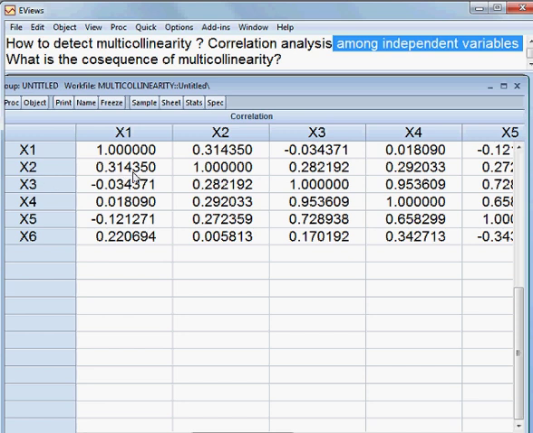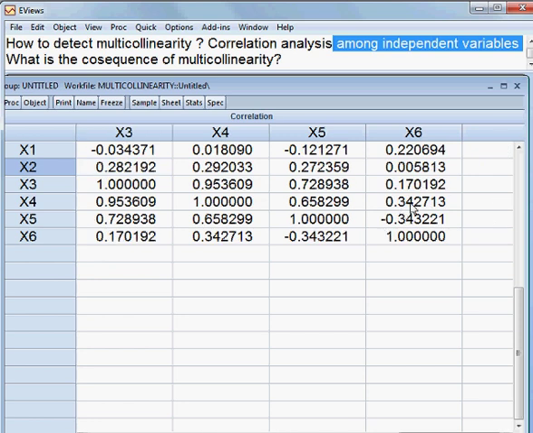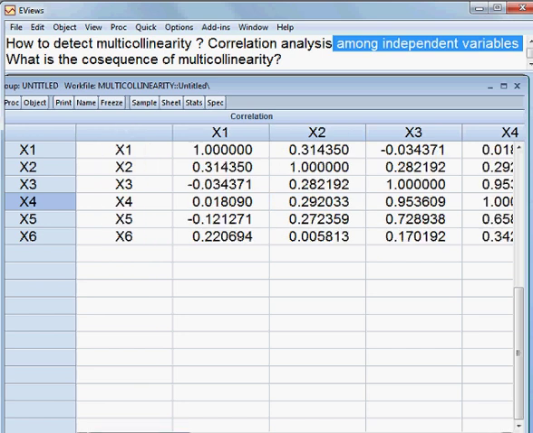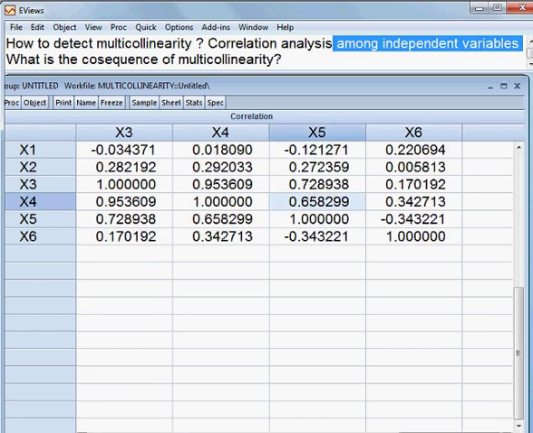Suppose this one is the correlation coefficient between x1 and x2, and this one is the correlation coefficient between x4 and x5, and so on. Now the question is which one has the highest correlation coefficient in this correlation analysis.